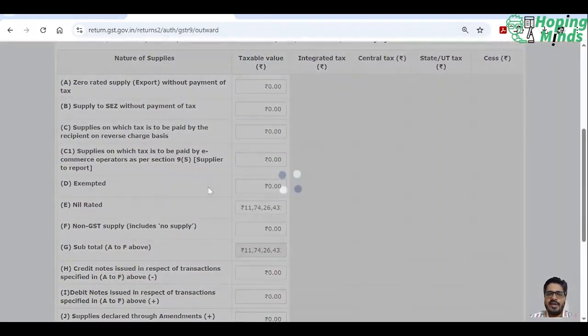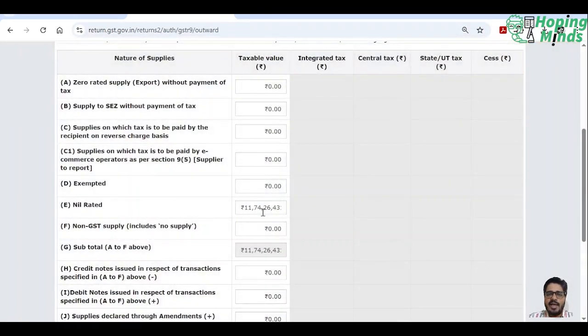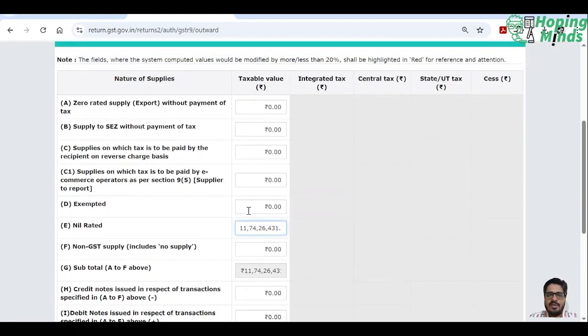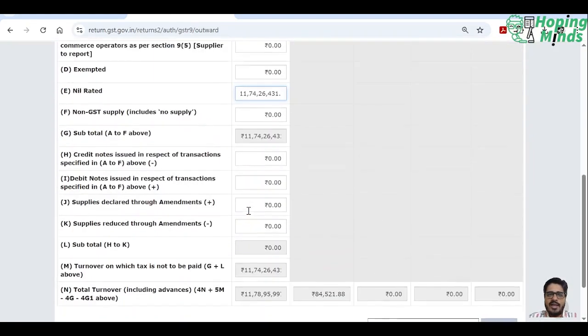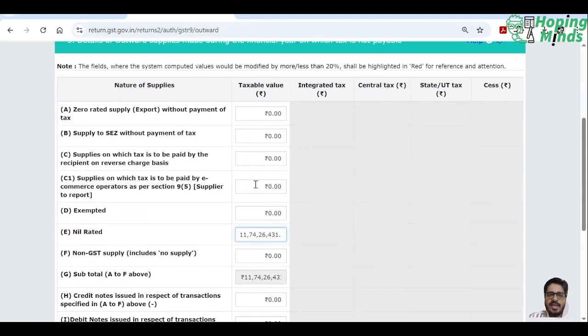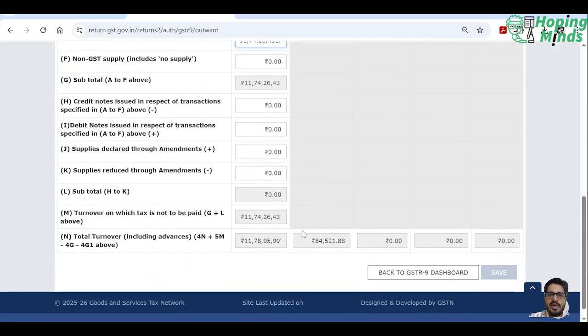In this we have declared nil rated 1174,2643, that is 11 crores 74 lakhs 26,000 and 431 rupees, right? Similarly, any other non-GST supplies are required to be declared here.